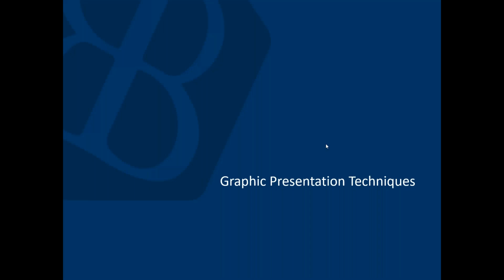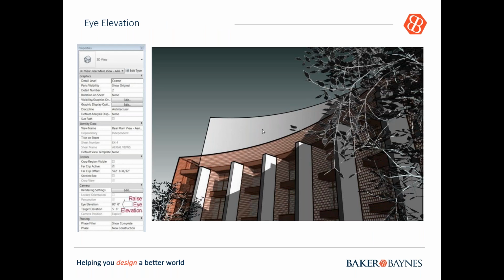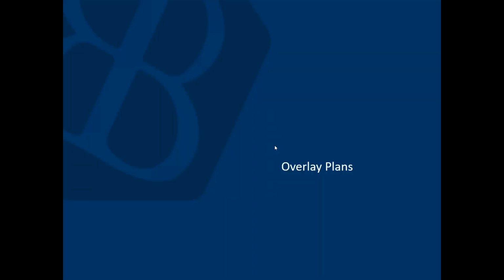And in terms of graphic presentation techniques, we looked at how to create interesting and dynamic views. So instead of looking at this drawing as is, I pretend that I'm standing on the ground and I'm looking up into it, and I zoom into that portion and I change the eye elevation, right? Just makes me feel like I'm actually literally looking at the top of that building.